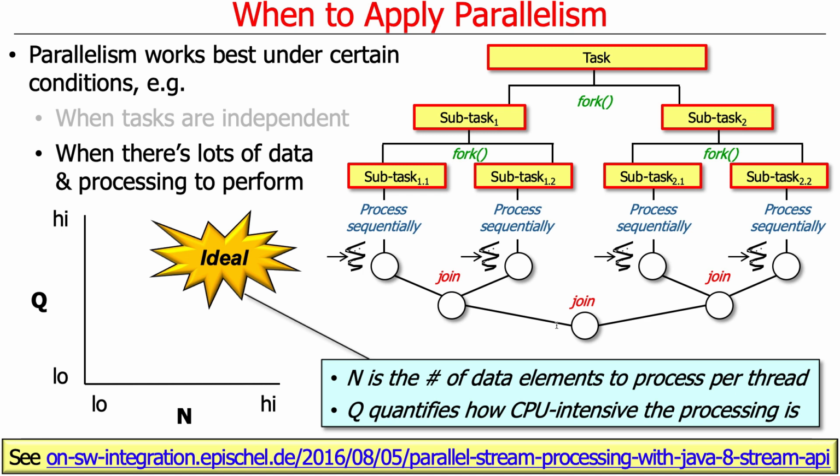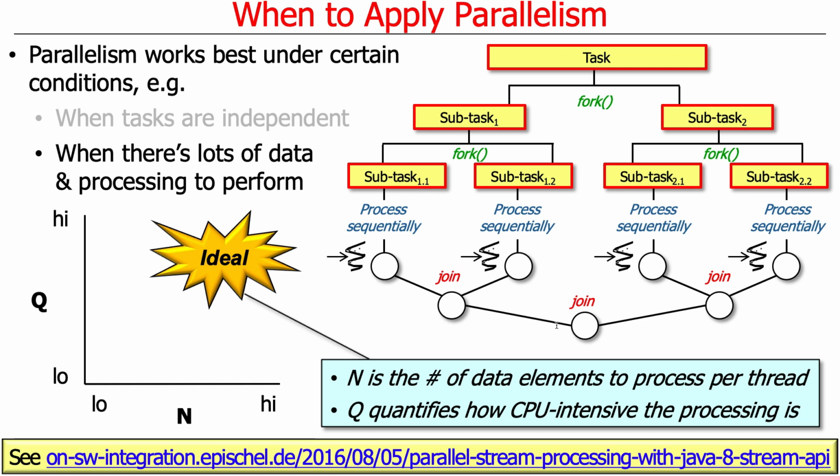The two dimensions are on the x-axis, n, and on the y-axis, q. N stands for, as almost always in computing, the number of data elements to process. If you think about log n, or O of n, that means n is the number of something. So if you have lots of things to process, then you're better off running these in parallel.